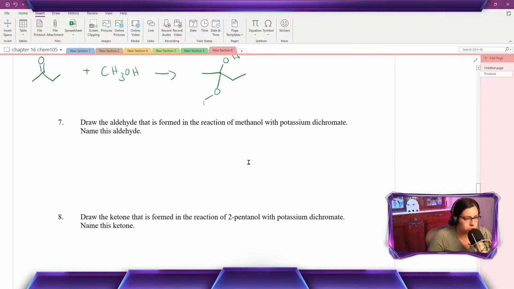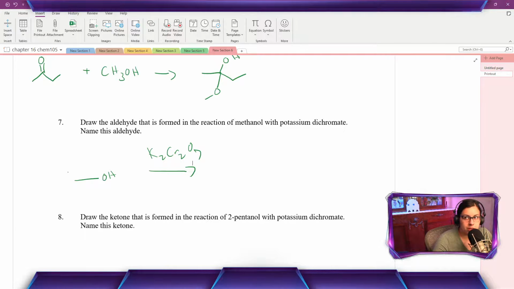So now let's draw the aldehyde that is formed in the reaction of methanol with potassium dichromate. And so name this aldehyde. So it's going to be oxidized.